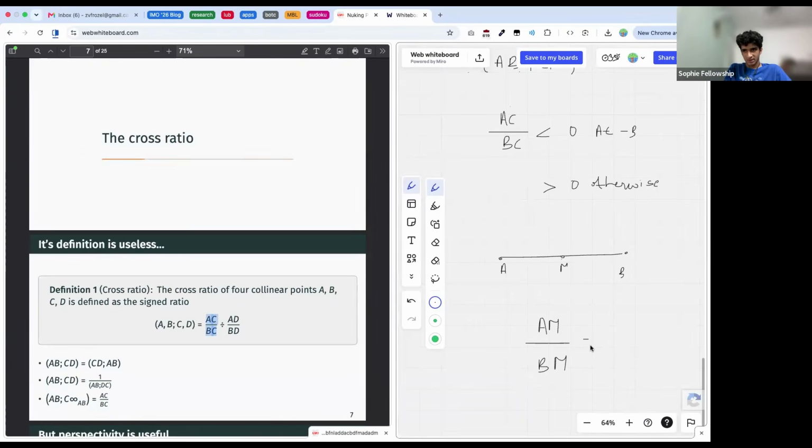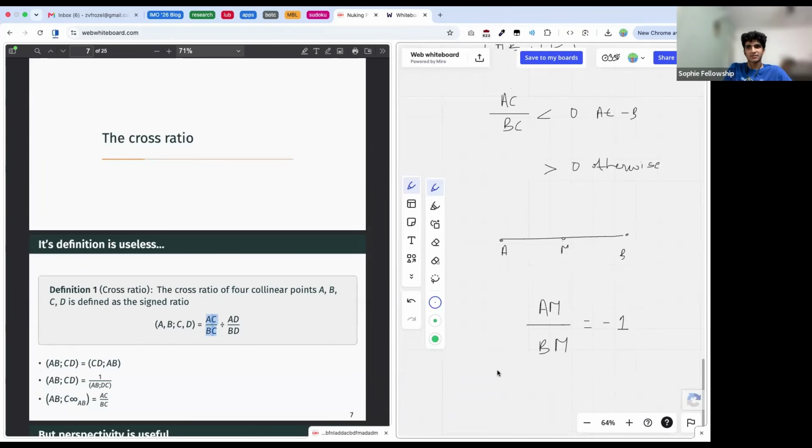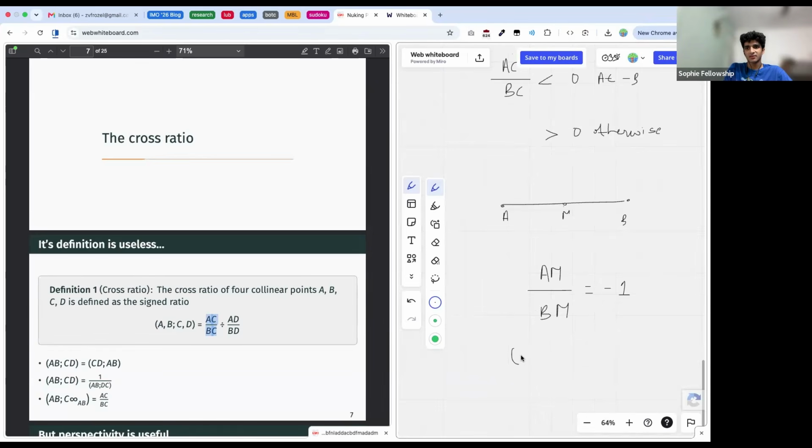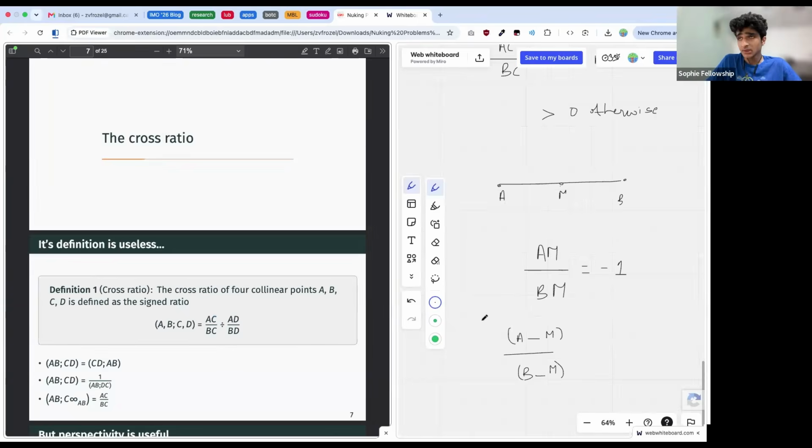Because both the lengths are equal, but I'm going to define it as -1. And this is very easy. If you see a number line, then I'm basically taking the quantity A minus M divided by B minus M on the number line. And since M lies between A and B, one of them is positive, one of them is negative. So the ratio is -1.